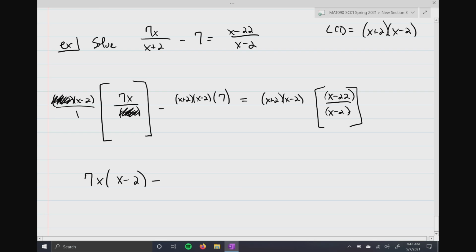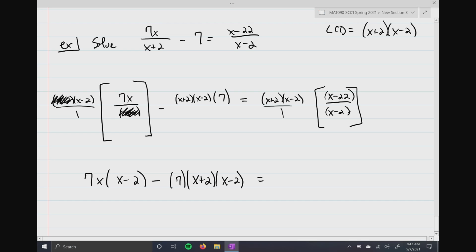Now, for the middle, you got the x plus 2, x minus 2 times 7. I'm going to keep it simple since nothing simplifies here regarding like denominators. I'm just going to write a 7 out front and then the x plus 2 times x minus 2. So I'm just going to rewrite it, put the 7 out front. For the fraction on the right, remember it's over 1.